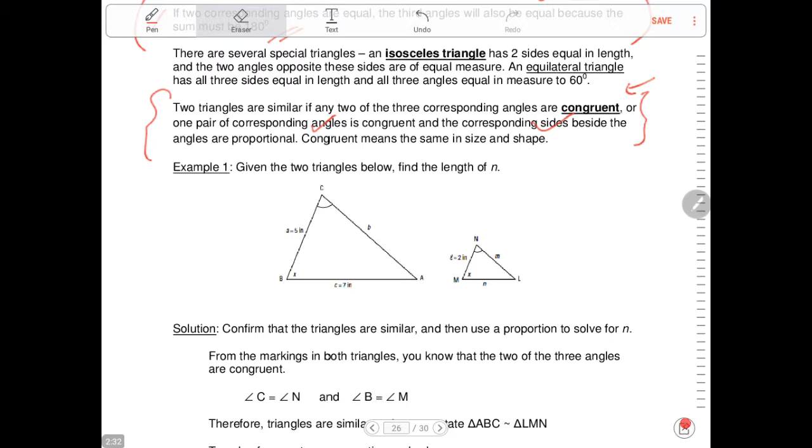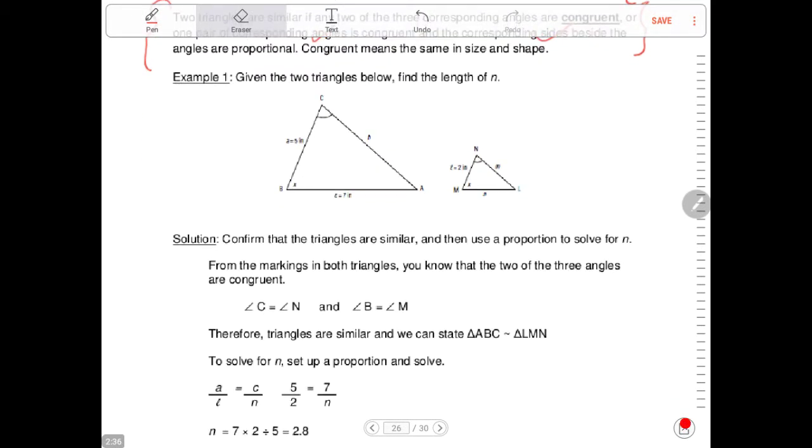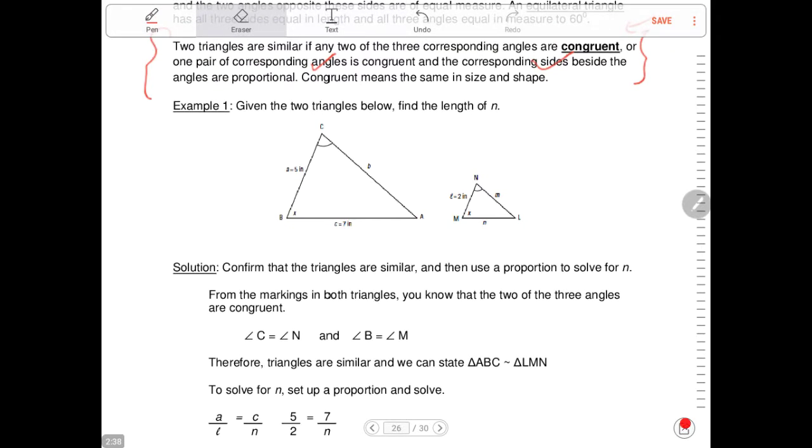Example 1: given the two triangles below, find the length of n. Your first step is to confirm that the triangles are similar. We have two cases. Case 1, remember, is when you have two sets of matching angles.